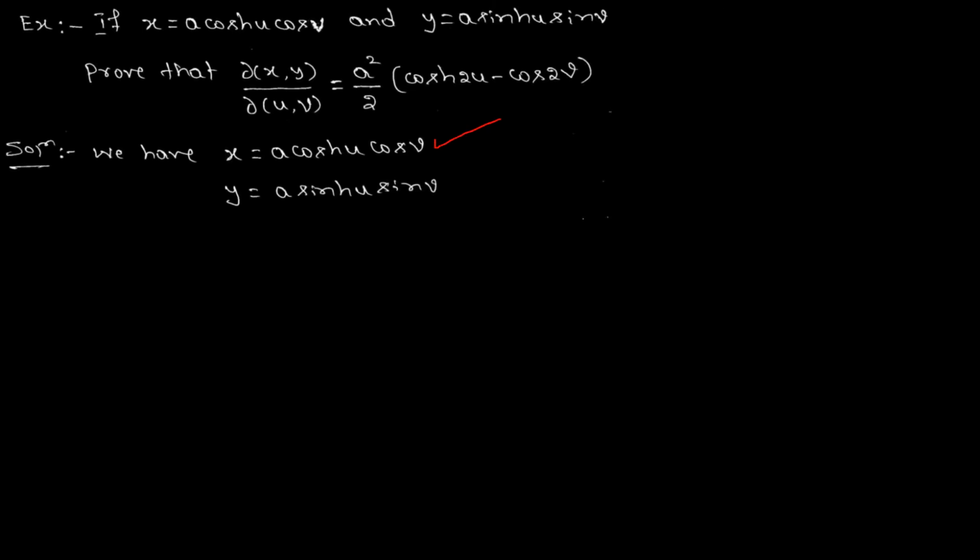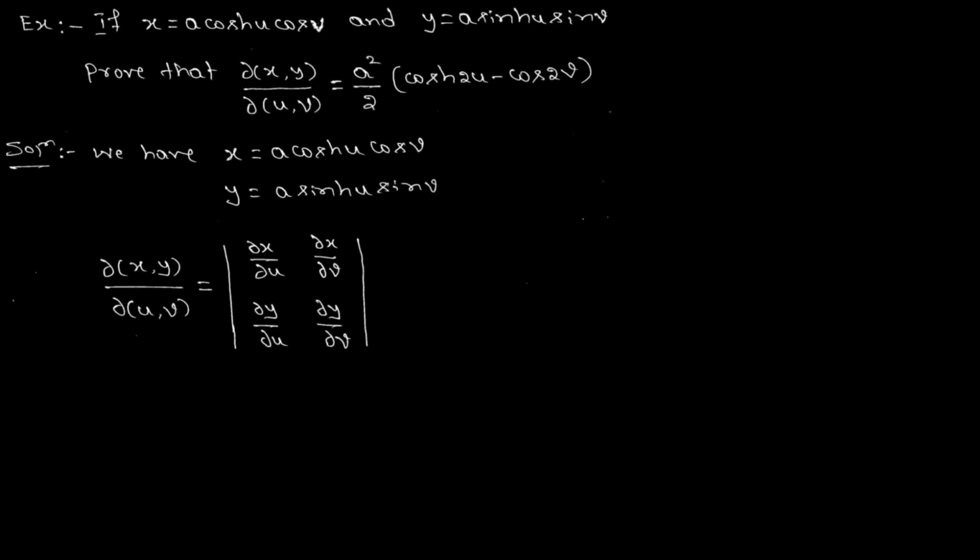Given x is equal to a cosh u into cos v, y is equal to a sinh u into sin v. The required Jacobian of x, y with respect to u and v can be written as this.